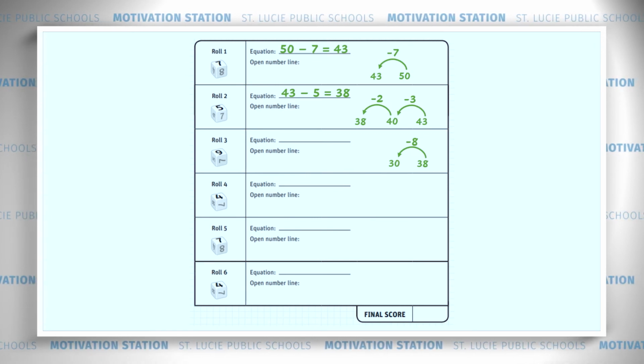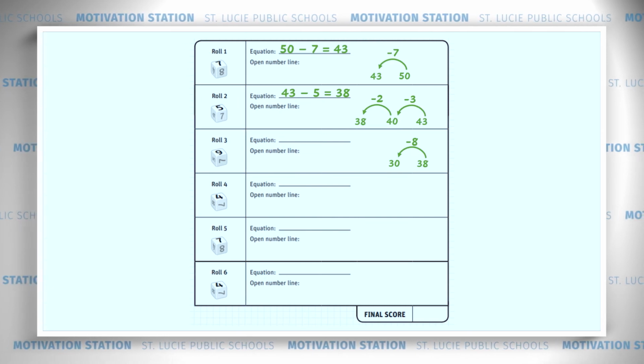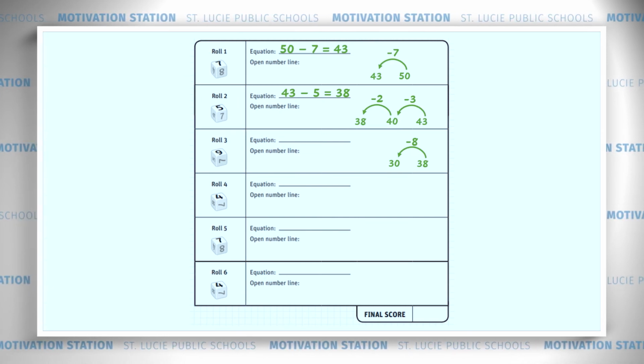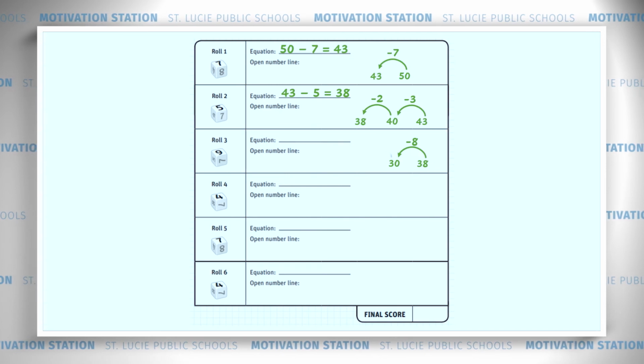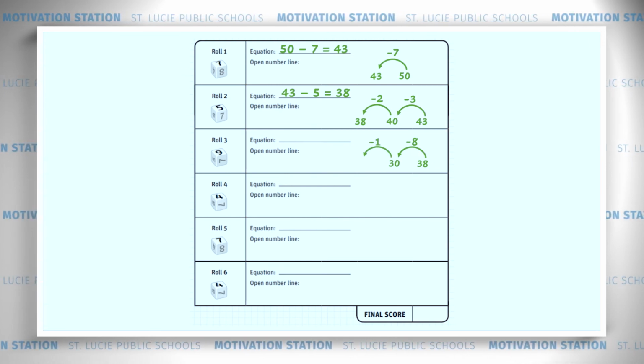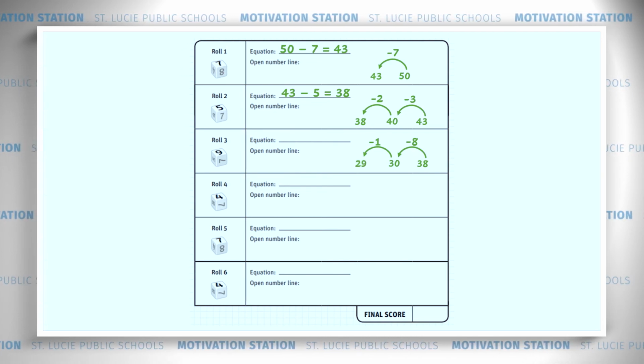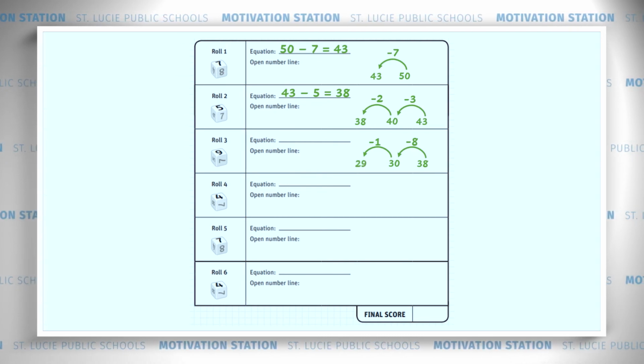Okay, that was a big jump too. I need to take away 9. I've already taken away 8, so I need to take 1 more because 8 plus 1 is 9. So my next jump is minus 1. 30 minus 1 is 29.